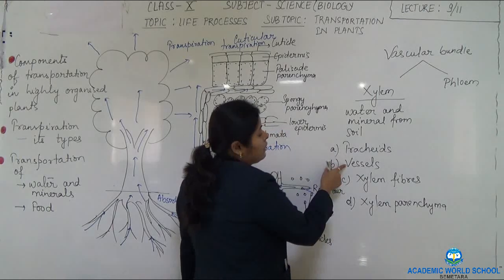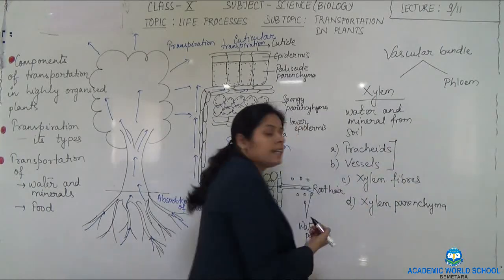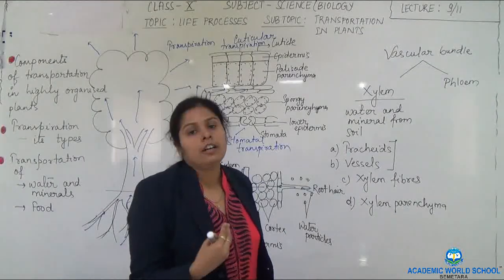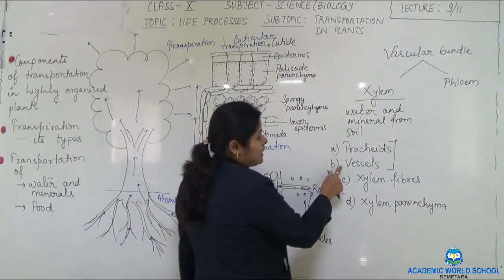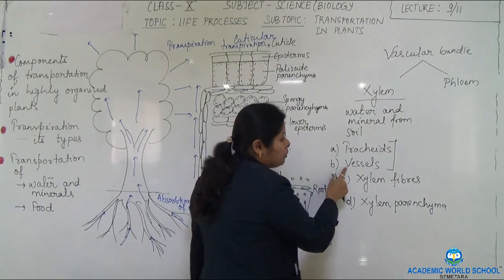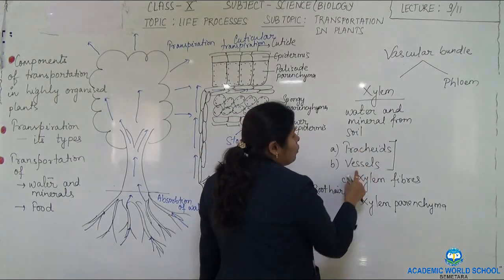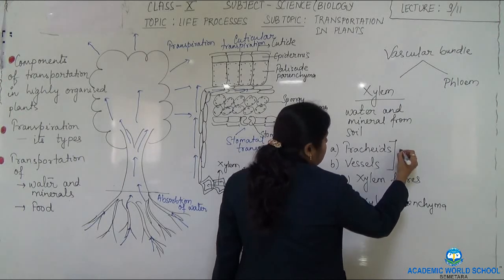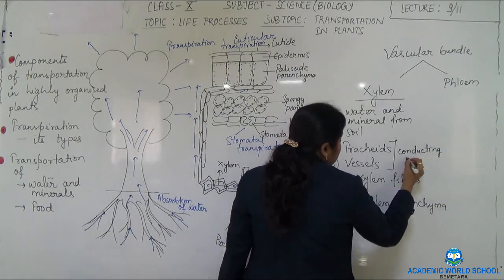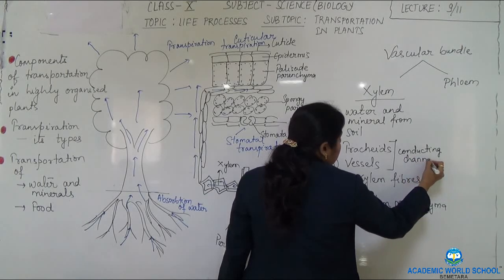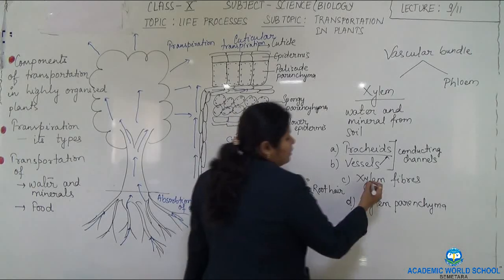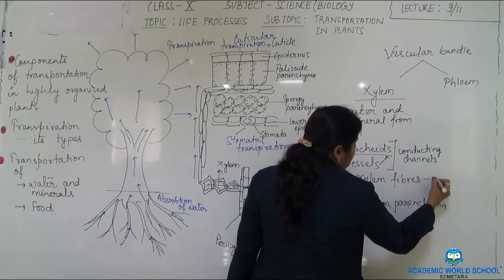These tracheids and vessels are the main conducting channels. They are just like a kind of pipe through which the water flows. So tracheids and vessels are here the main conducting channel or the conducting tube. These two are non-living, these two are dead, and these are the two main conducting channels. Tracheids is the main one where vessels assist it. Xylem fibers provide mechanical strength.